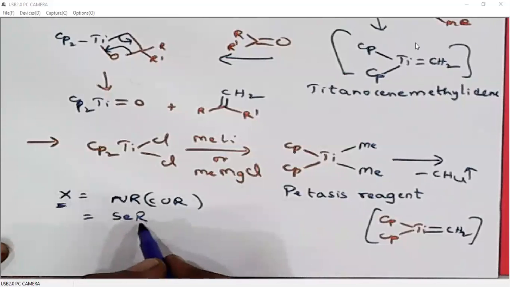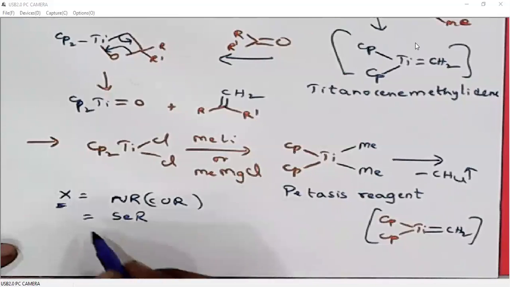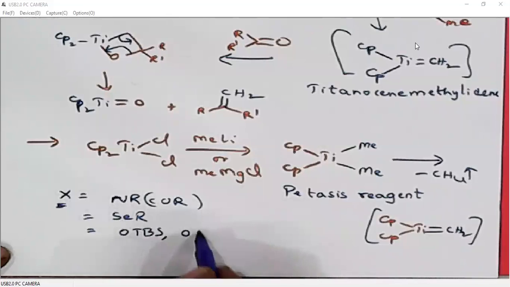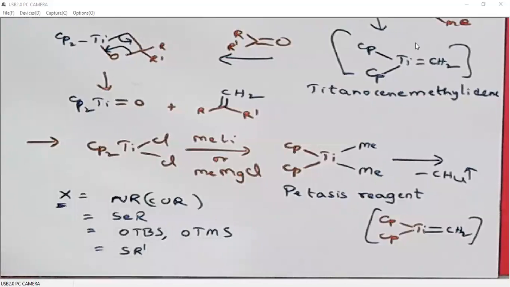If it is carbonyl bonded to selenium, or if the carboxylic acid is protected as OTBS or OTMS, or if the carbonyl carbon is bonded to sulfur, it will also work. So Petasis reagent is even more advanced and more reactive compared to Tebbe reagent.